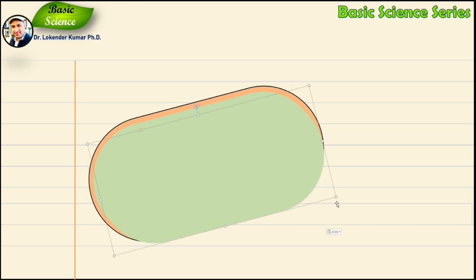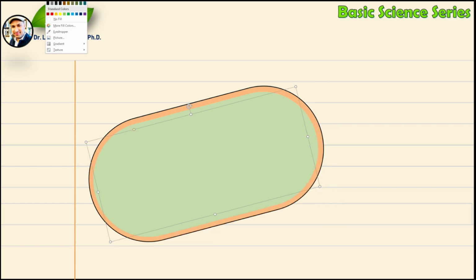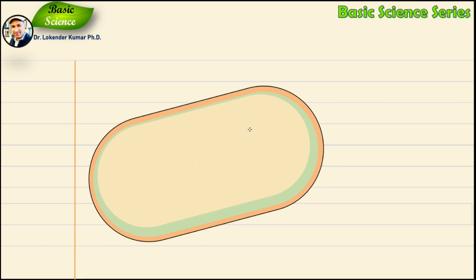If you again copy this particular section and change the color, you can see the appearance of a new structure. You can see the outer layer, which is orange, then the middle peptidoglycan layer, then the internal layer, and then you need the cytoplasm.